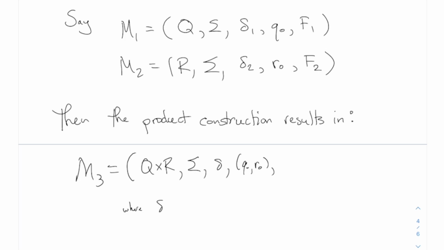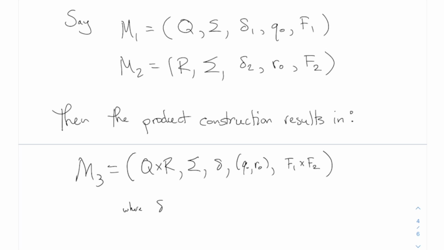Thank you. F1 cross F2, right? This would be the set of all pairs where the first thing is in F1 and the second thing is in F2. That's exactly what we want. The first part of the pair is accepting and the second part of the pair is accepting. Great. Okay, so that's what the product machine is as a set.